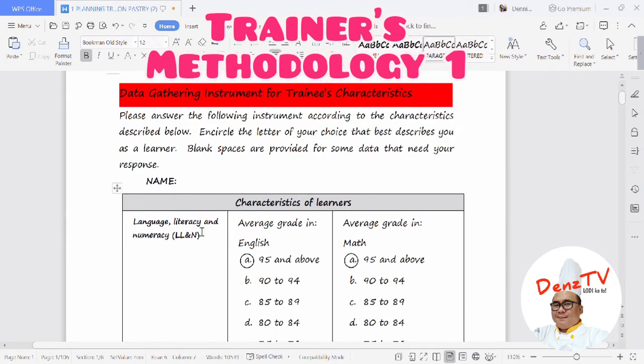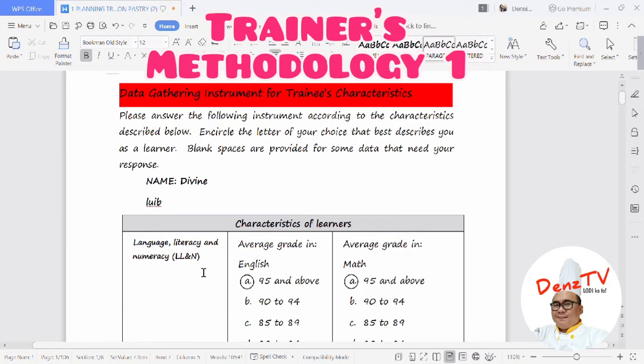Be sure, this instrument is only a sample instrument that was answered by your learners. This is just a sample data gathering instrument of your learners. For example, the name of your learner or your student is Divine Luib.